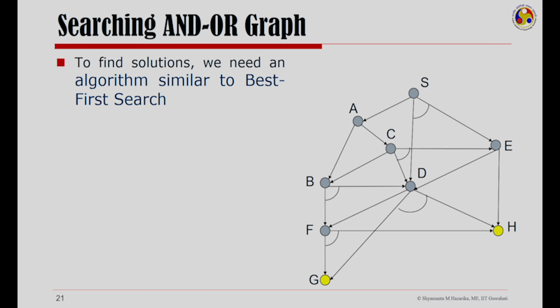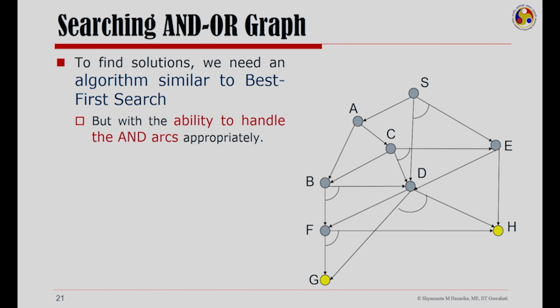For that, we need to search through the AND OR graph, and we need an algorithm, something like the best first search. But then, as we will see in the next few slides, the best first search may not be tuned to do a searching on the AND OR graph.